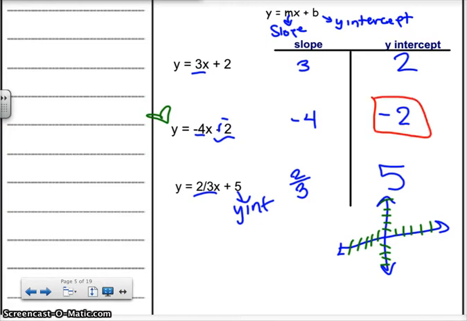Plot it. My slope is -4. That means I go down 4 over 1, connected. Hard to do when I'm not on an actual graph. Okay? This is huge what you're seeing right now. It's amazing. Your life is so much easier now without having to make those tables.